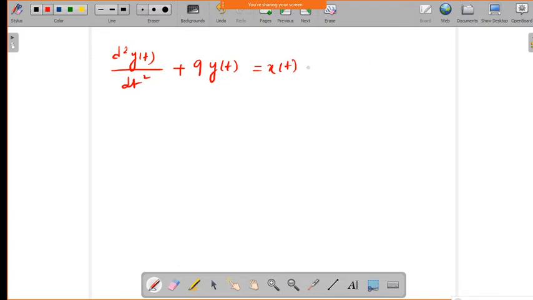Now, x of t is given by cos of 4t. Okay. So, now solve this differential equation with the given input.